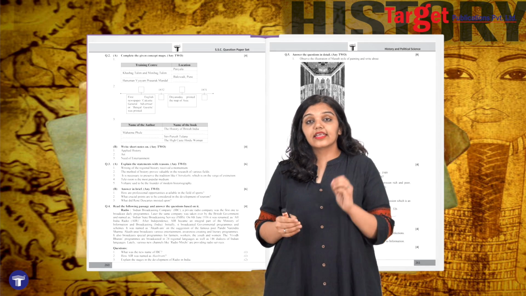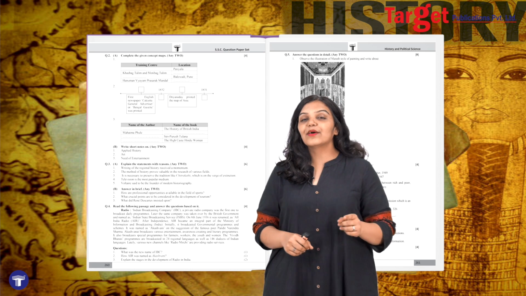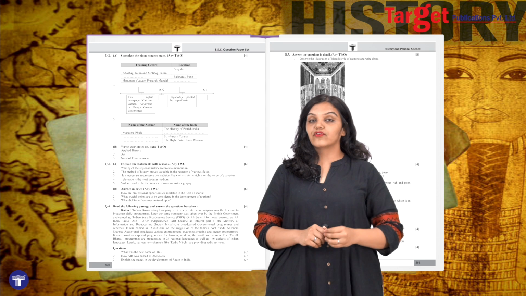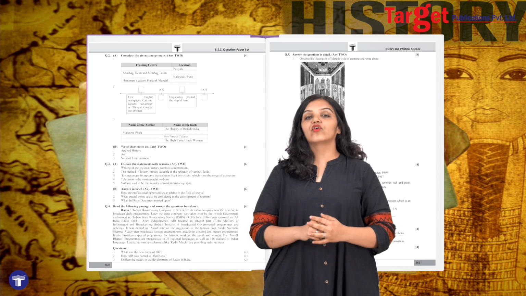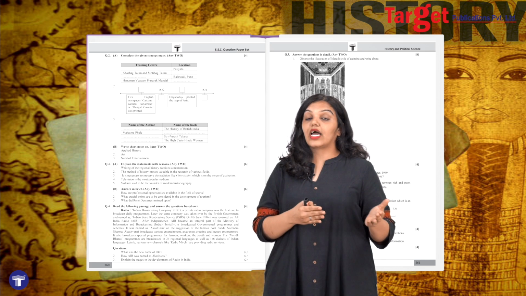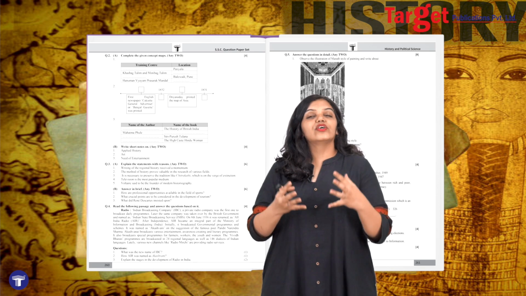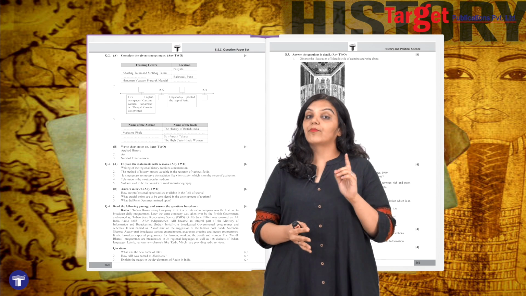Now, anyone can create a model question paper based on your syllabus, but what separates a good question paper from the rest are the types of questions. Now, as you know, your new paper pattern as prescribed by the board has a new approach where they focus more on your understanding than a test of your memory.